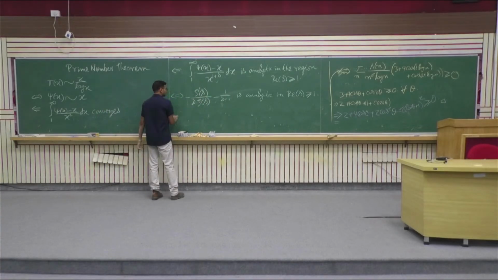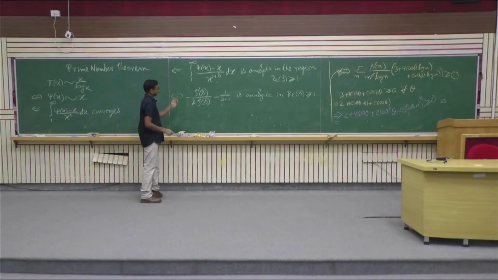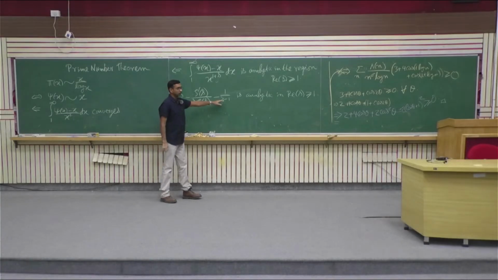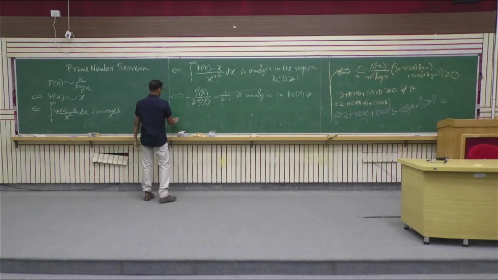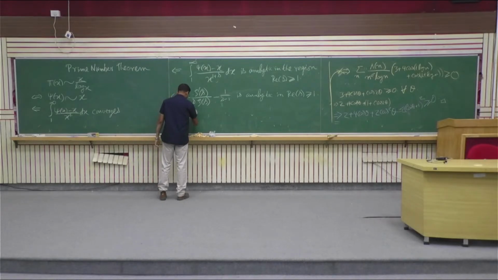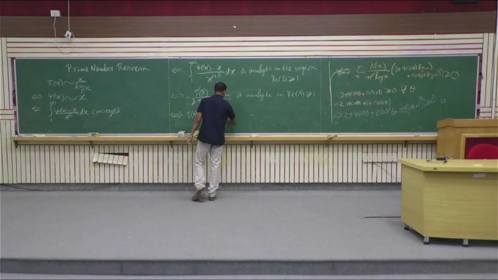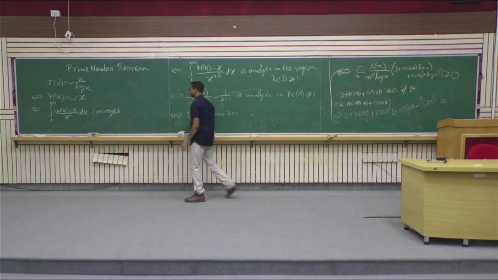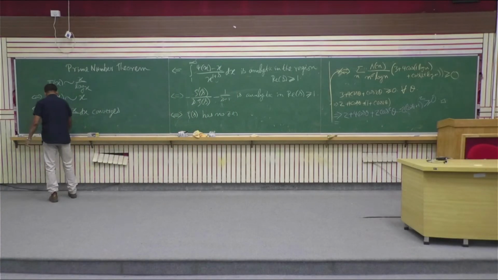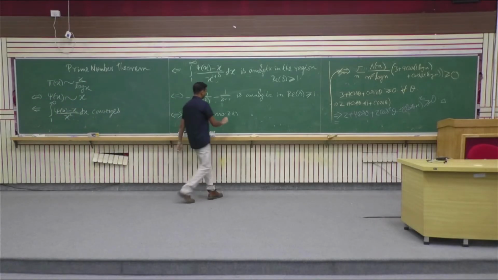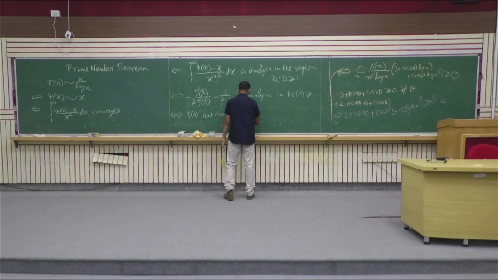At s equal to 1 we saw that there was no problem. So this was equivalent to the fact that zeta(s) has no zero on the line real part of s equal to 1.